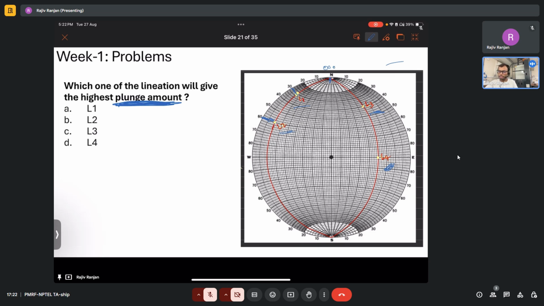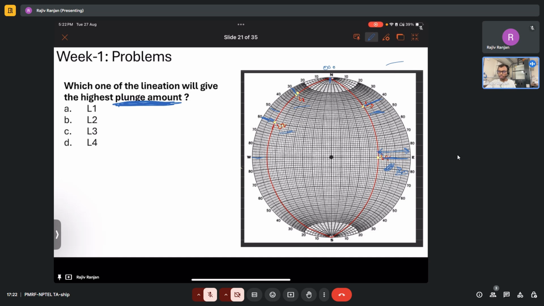But if you see L3 and L4, L4 has the largest plunge, and it's very obvious that this fault plane has a dip of 20 degrees and this fault plane has 30 degrees. So it's very obvious that lineations 3 and 4 will have the highest plunge.